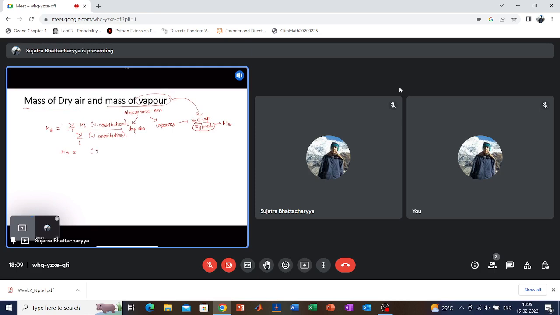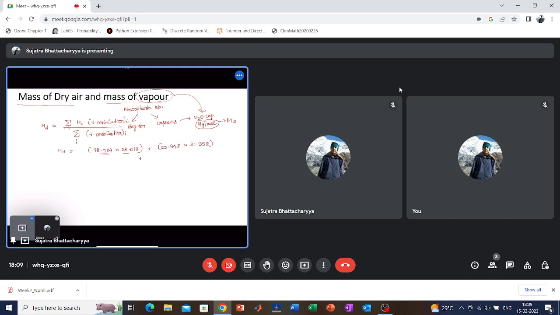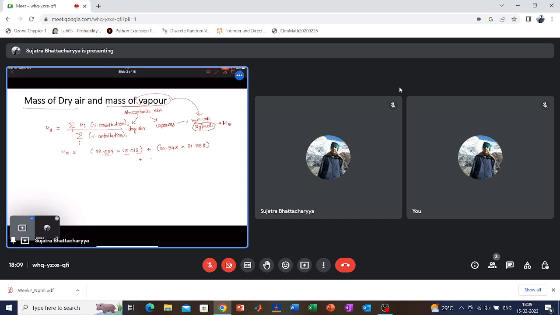It is 78.084 into 28.013. This is the percentage contribution and this is the molar mass of nitrogen. Then the oxygen comes, that is 20.948 into 31.998, and you continue adding all those terms, divided by 100, which is the total percentage contribution.